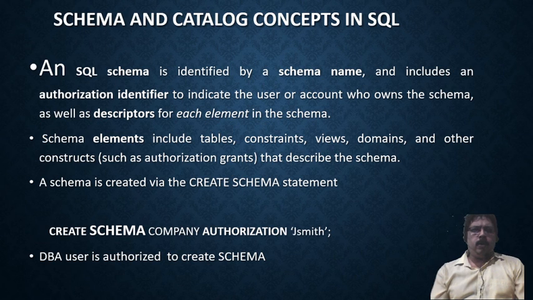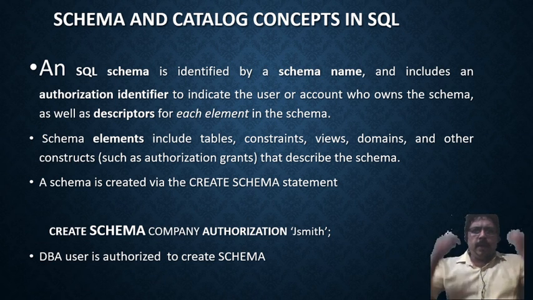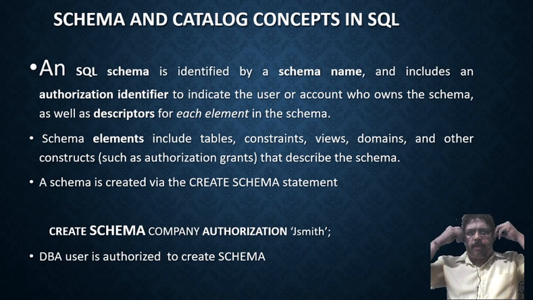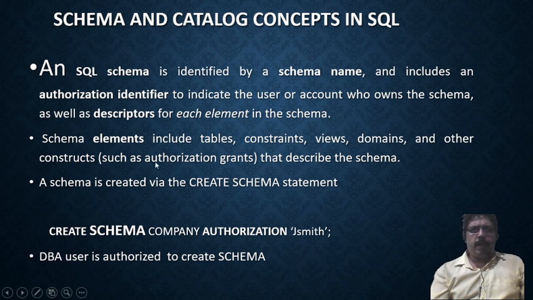It also includes an authorization identifier to indicate the account user. Actually, we have created it directly by using new schema. The same concept we can create using a command called create schema company authorization jsmith, so authorization is provided for the user. Later also we can create that. The schema elements include the tables, constraints, views, domains and other constructs.